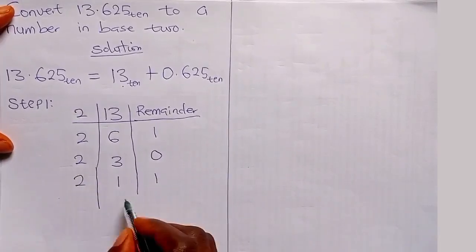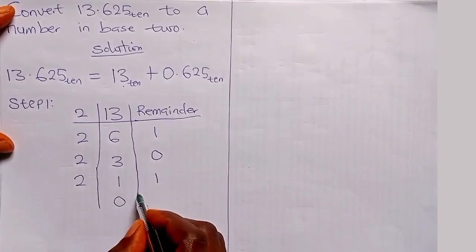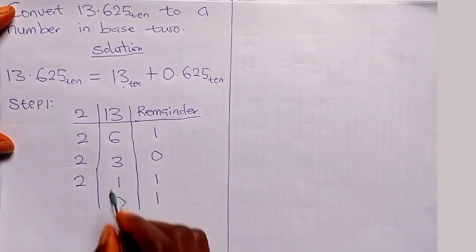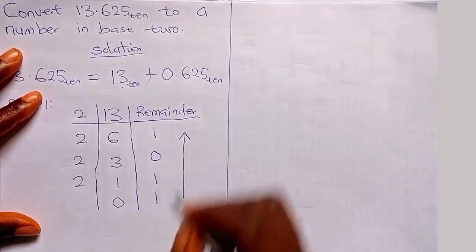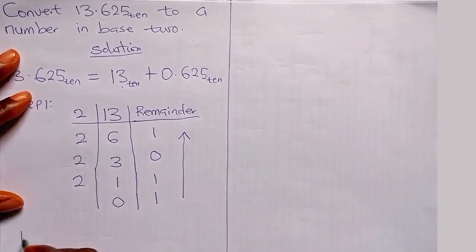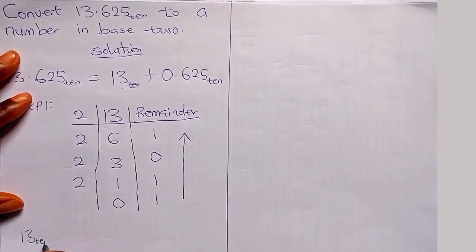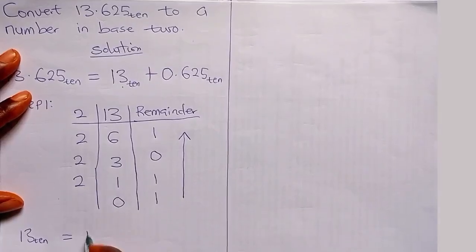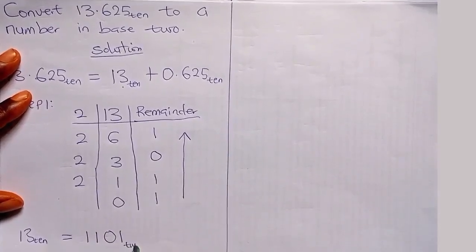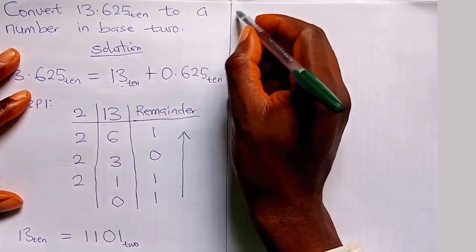Then 2 going into 2 gives 0, with remainder 1. We just bring down the 1. Then collecting our result upward, 13 in base 10 is equal to 1101 in base 2.